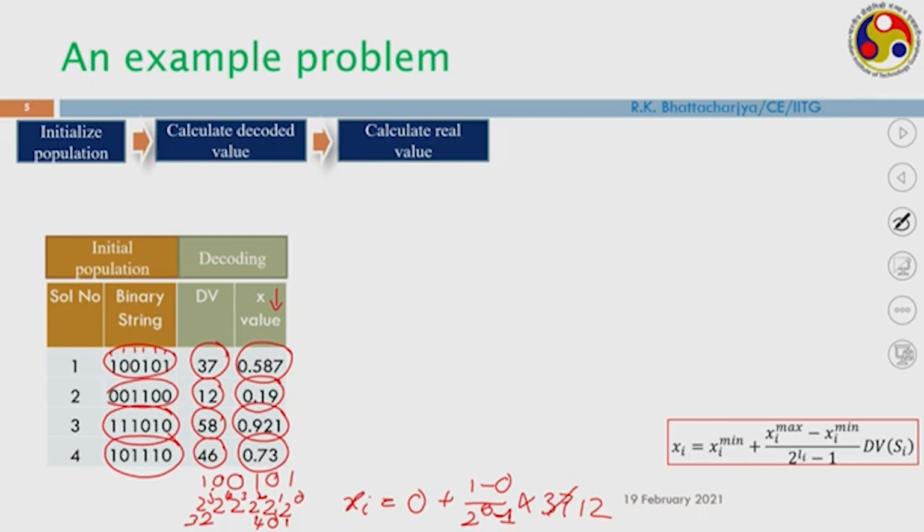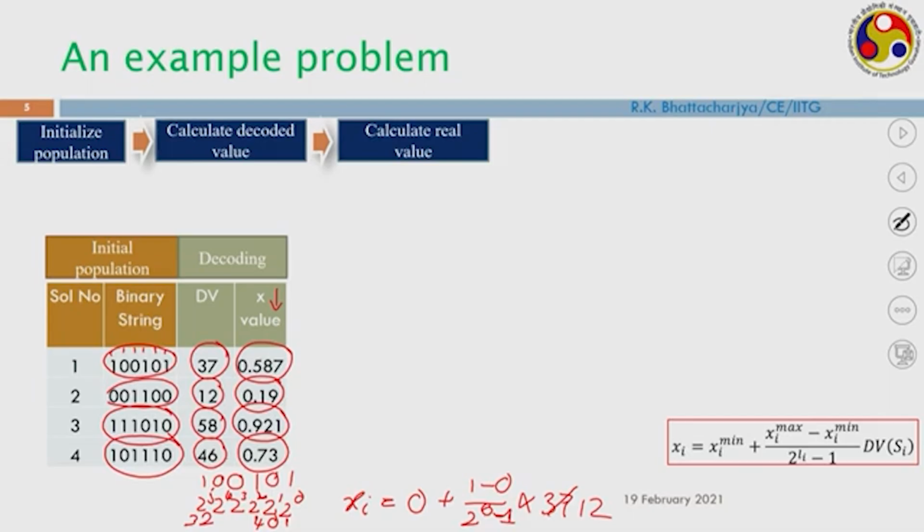So, I can generate the 4 solutions between 0 and 1, and then using this mapping equation I can find out the decoded value, and once you have the decoded value, the corresponding binary string you can find out.